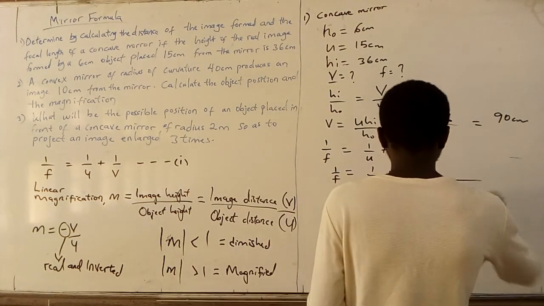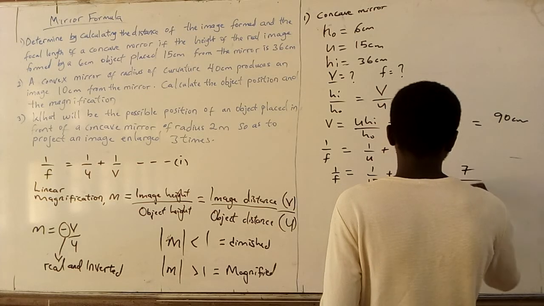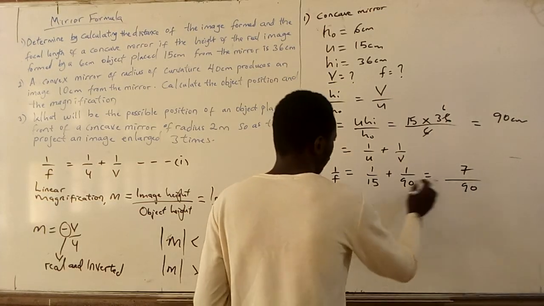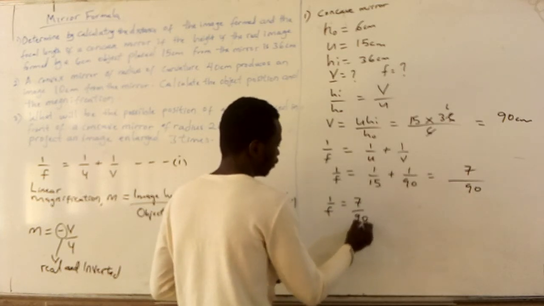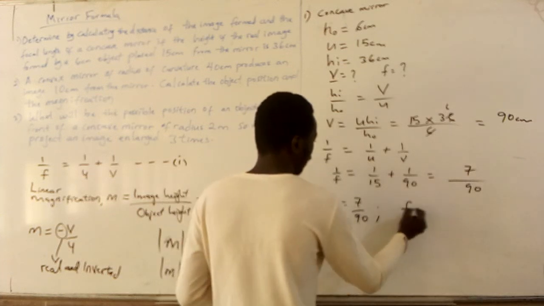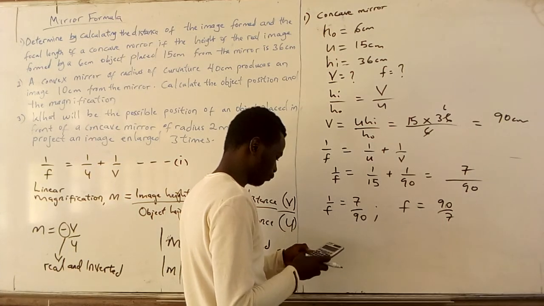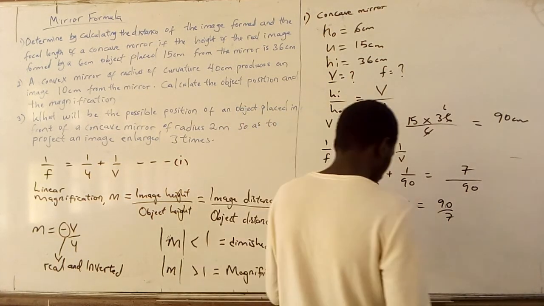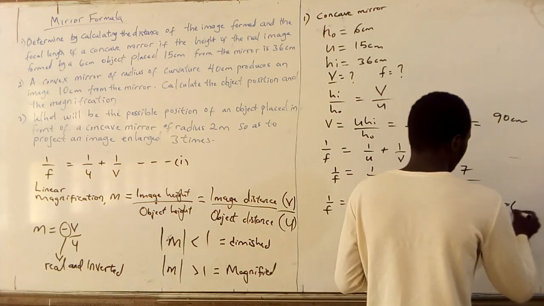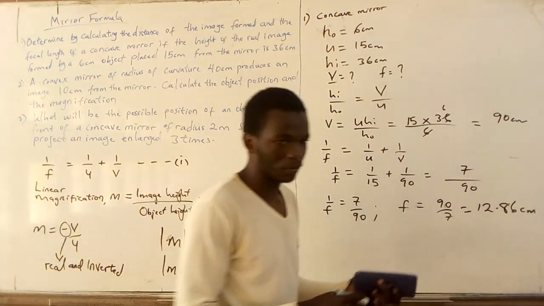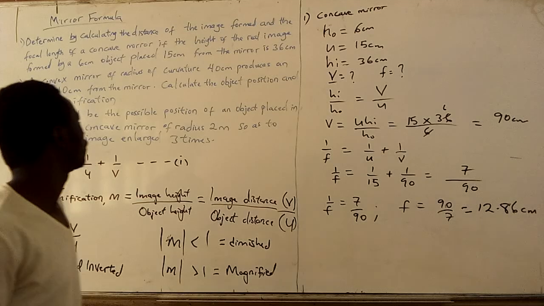If you do this correctly, you should have 7 all over 90. So 1 over f is 7 over 90, so f is equal to 90 over 7, that's 12.86 centimeters. This is the focal length for this particular question.